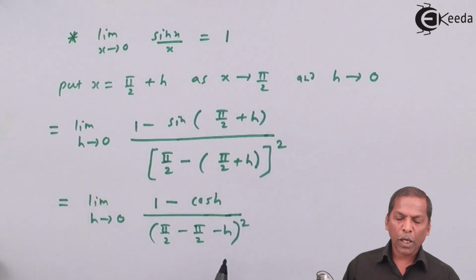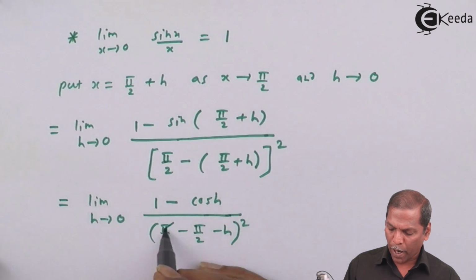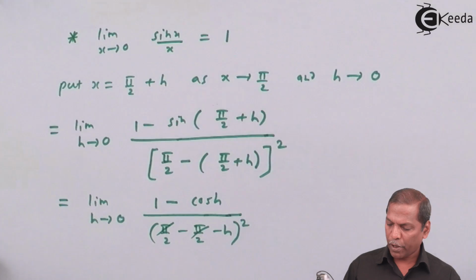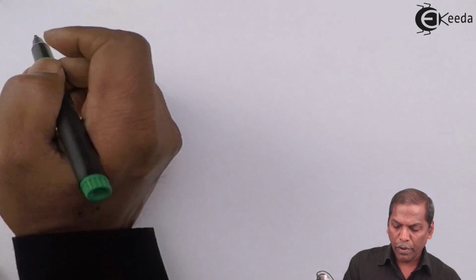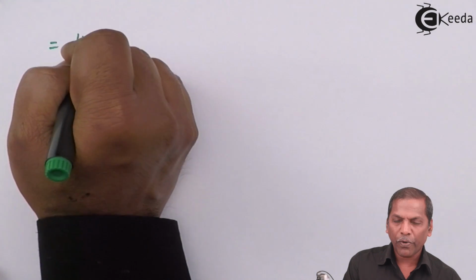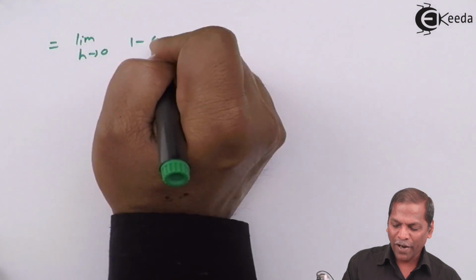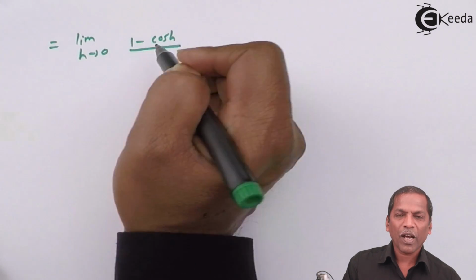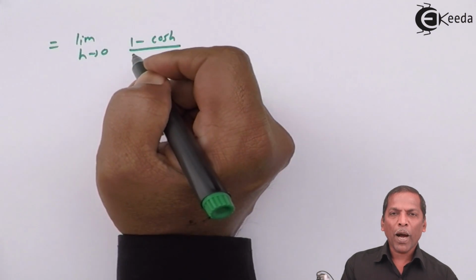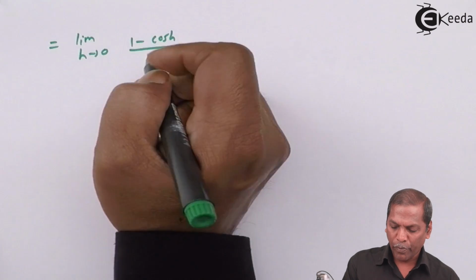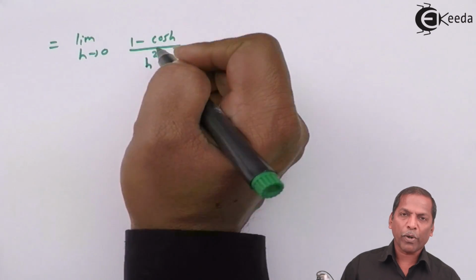Now here we cancel plus pi by 2 and minus pi by 2 in the denominator. So finally we get limit h tends to 0 of (1 minus cos h) whole thing divided by (minus h) the whole square, that is h square.